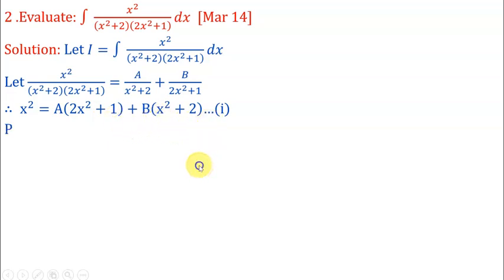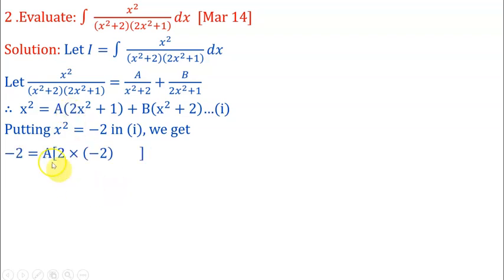Now find the values of A and B. Putting x square equal to minus 2, you will get your value of A. That is, minus 2 is equal to A into (2 into minus 2 plus 1). Therefore minus 2 is equal to minus 3A, so A is equal to 2 by 3.